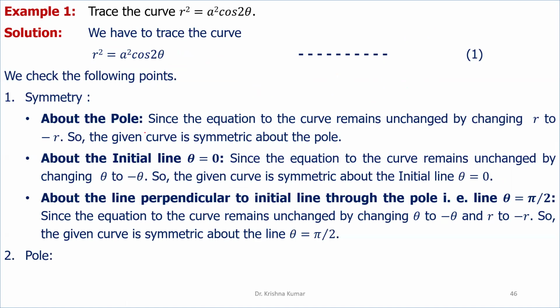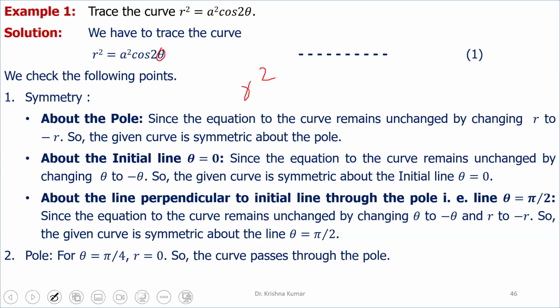Let me go ahead. What about the pole? For theta equal to pi by 4, how to check whether the given curve passes through the pole or not? For any value of theta, if the value of r is 0, then we say that the curve passes through the pole. Now here, if you put theta equal to pi by 4, r square equal to a square cos 2 times pi by 4.